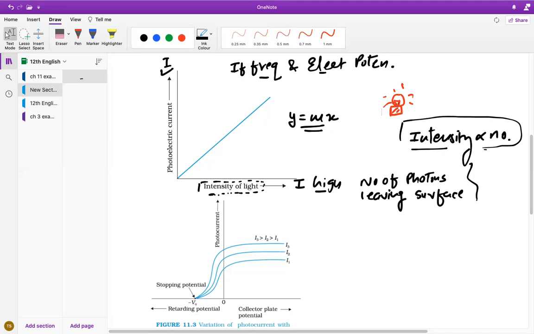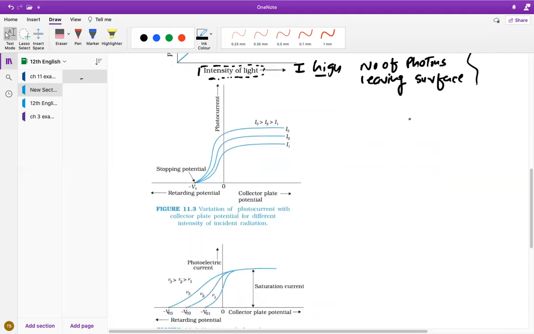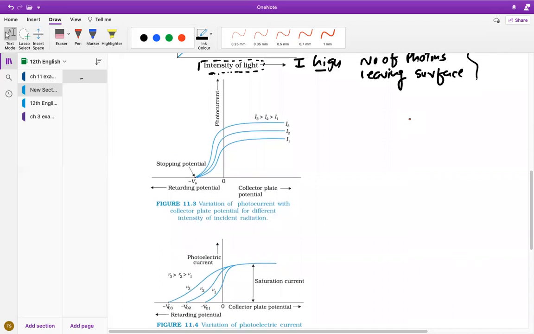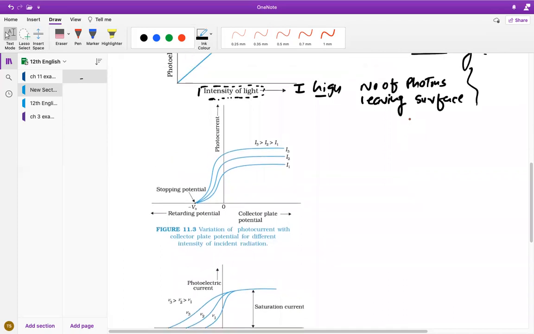Now we have one more thing, the potential versus photoelectric current. You can see that I have another thing called the photocurrent. But first of all, we have to understand this.